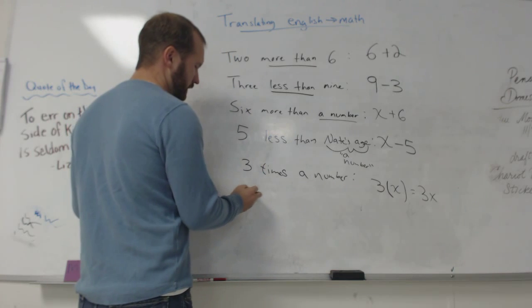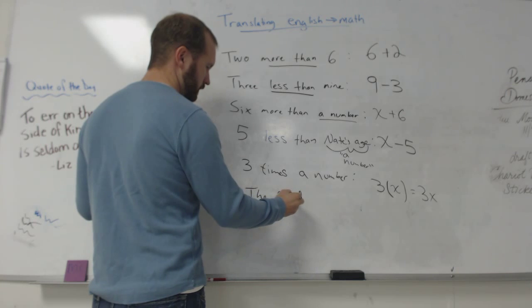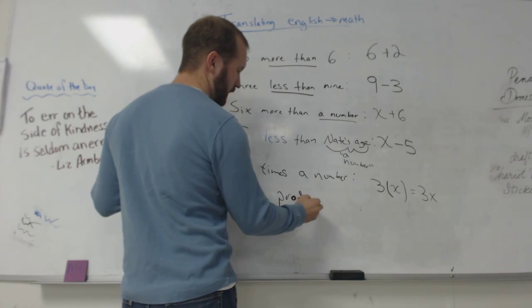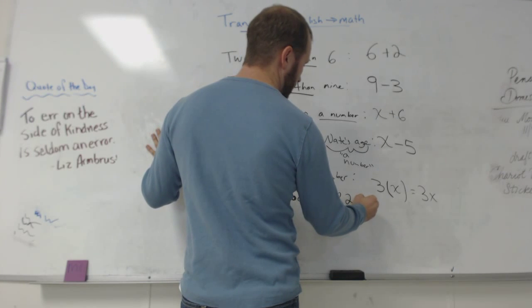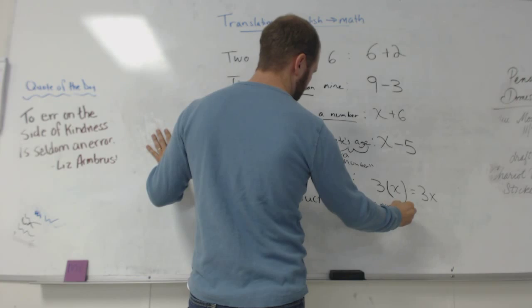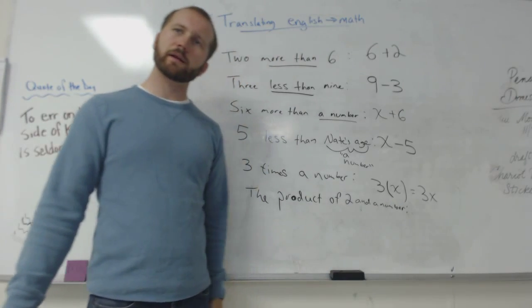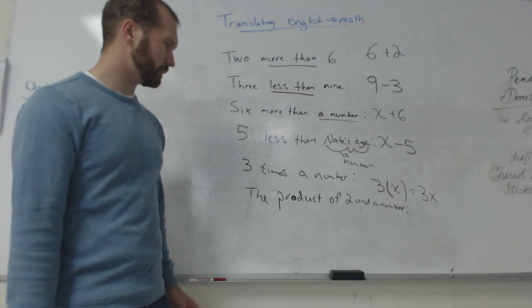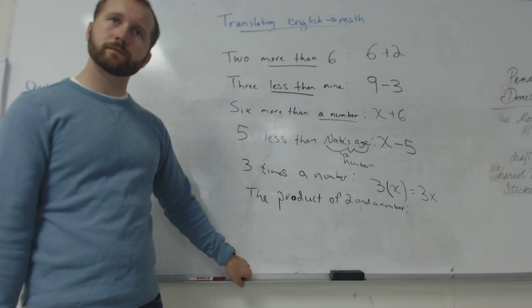What if we said this? The product of 2 and a number. How would we write the product of 2 and a number mathematically? What does product mean?